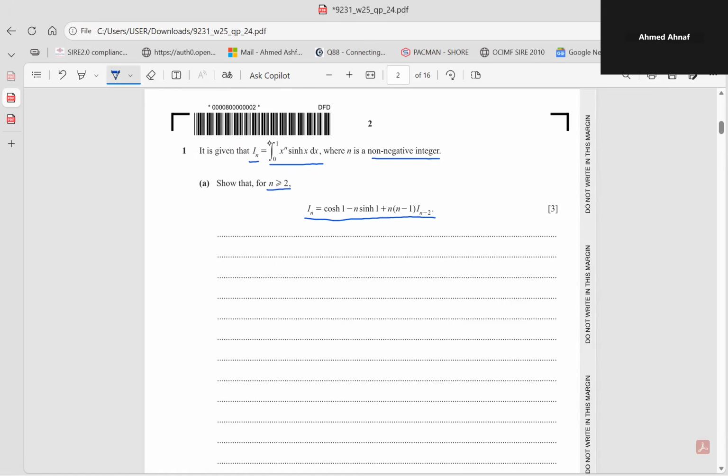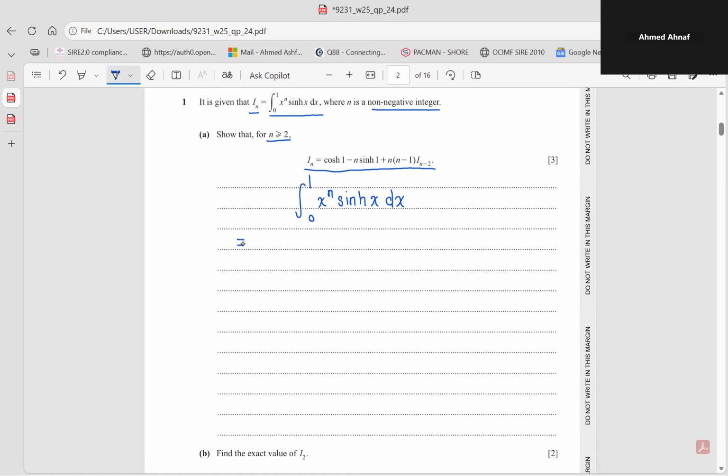So let's start off with this integral, from 0 to 1 of x to the power of n sin x dx. We use integration by parts here. Let x to the power of n be u and sin x be dv/dx.